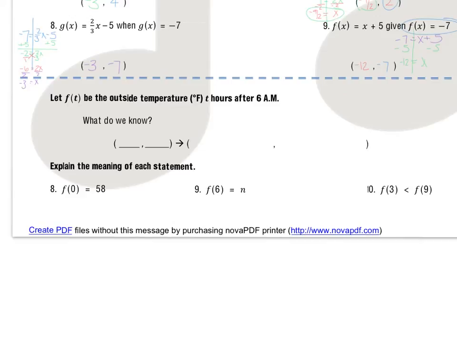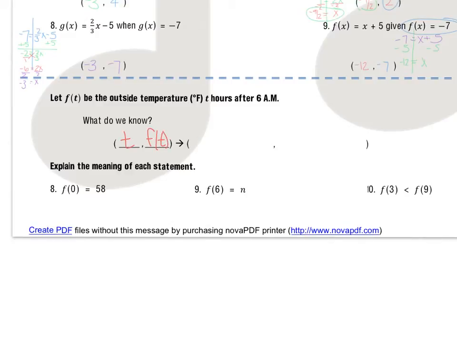So how does this look in a word problem? Well, we have the situation, let f of t be the outside temperature in degrees Fahrenheit, t hours after 6 a.m. So thinking about this, we know that it's normally x and y, but instead of x, they're using the letter t, and instead of y, we know that it's f of t.